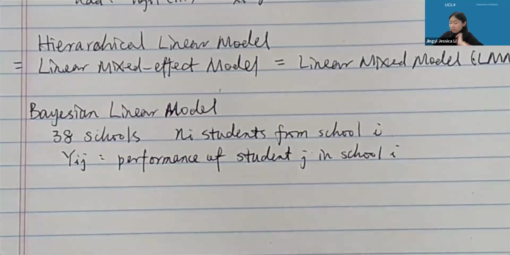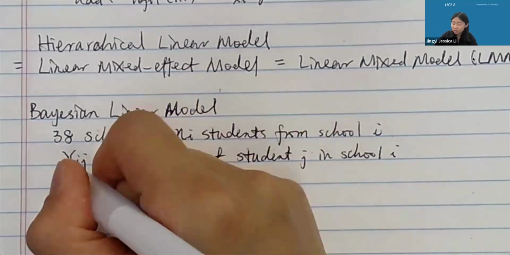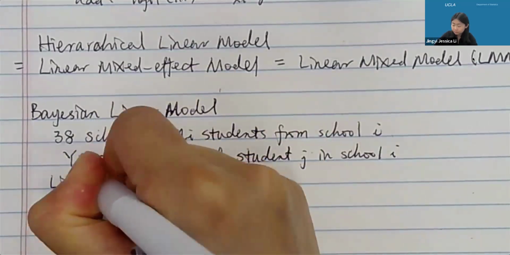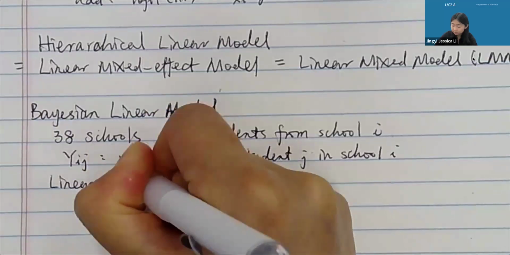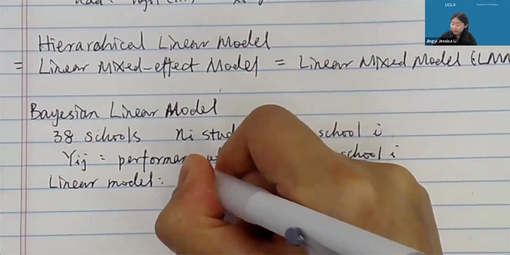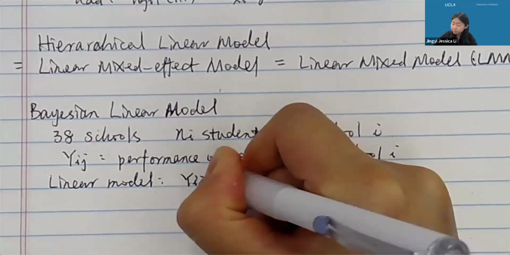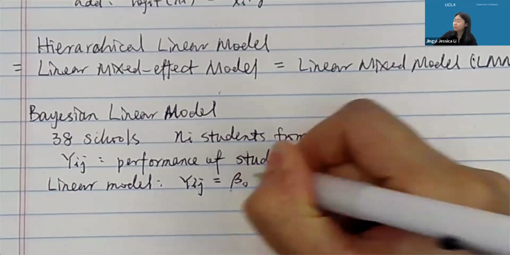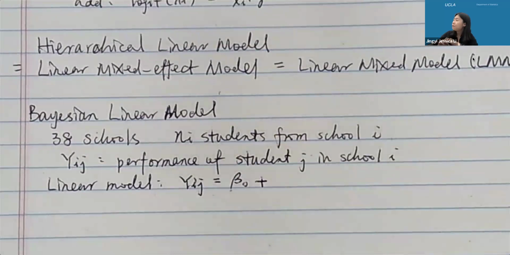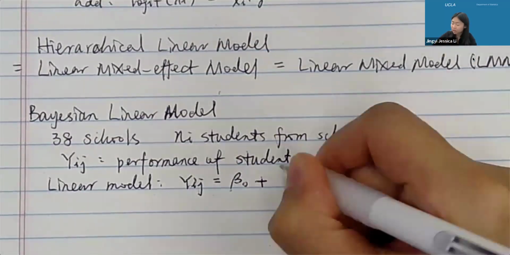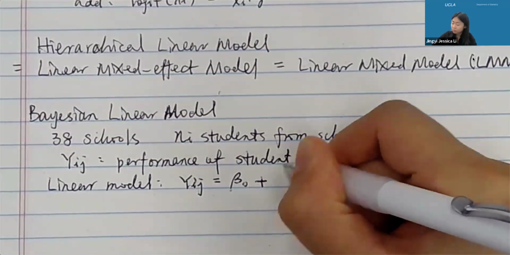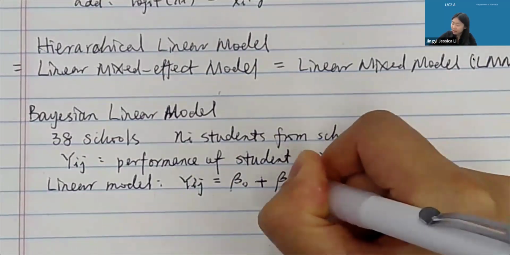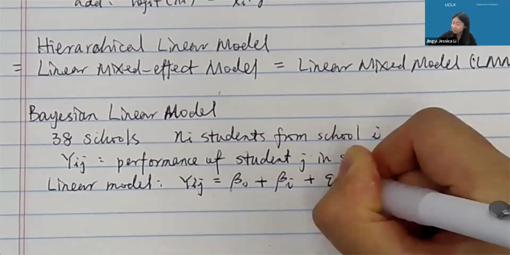So in a linear model, we can write Y_ij with some intercept, beta 0, and the effect of the school, which is i, so we have beta_i plus epsilon_ij.